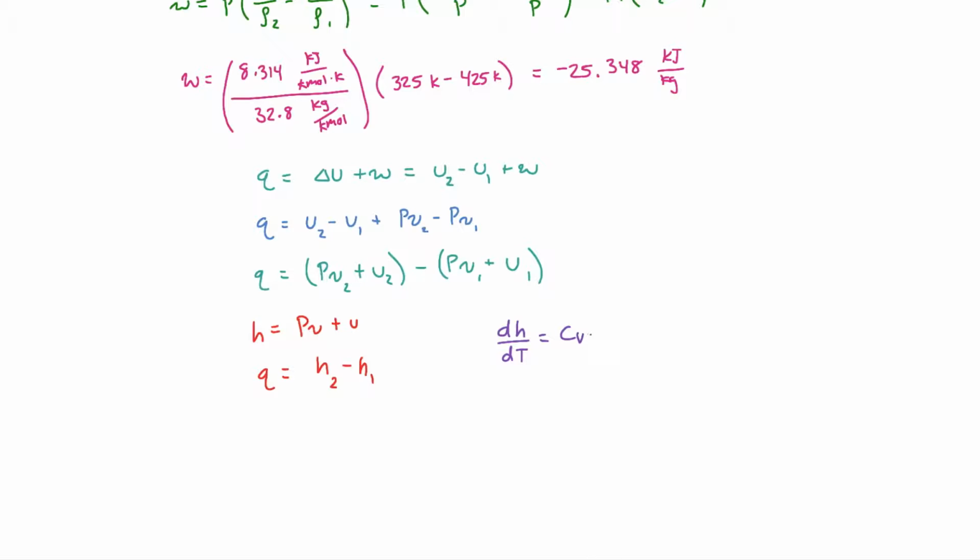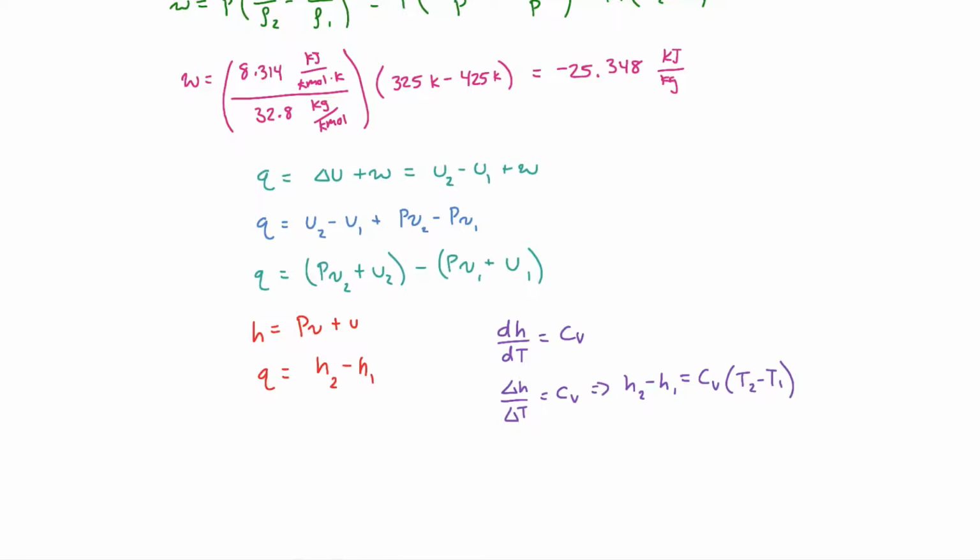And we could assume that this is fairly constant, so we could say that delta H over delta T equals CV. So therefore, we could say that the change in enthalpy from state 1 to state 2 is equal to CV times the change in temperature, T2 minus T1. So that's where we could use that assumption and write the heat in terms of this equation.